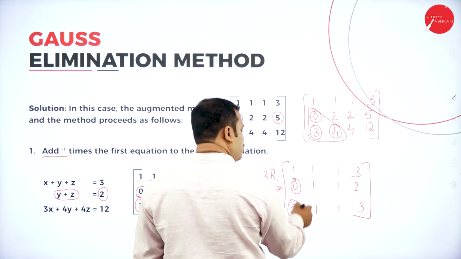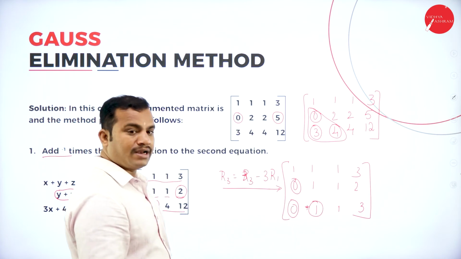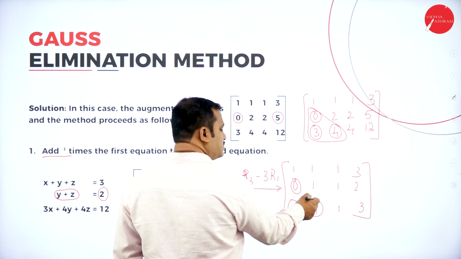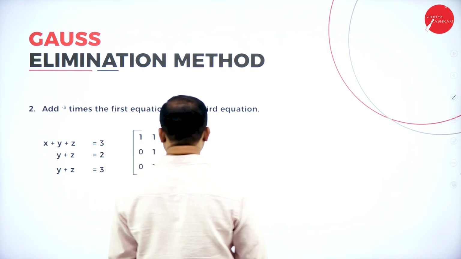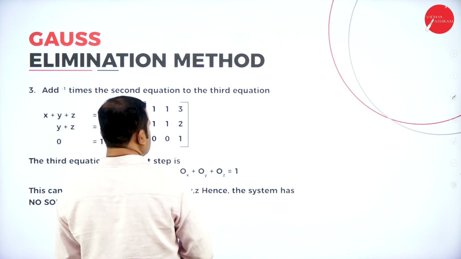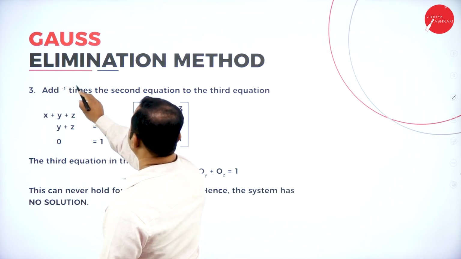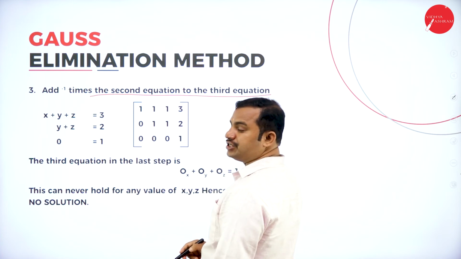Let me have one more term which is not a 0. If that is the case, how can I do the row operations? If I subtract this from this, I'll get 0 term here. So which is the next operation I can perform here? I can do the operation on the last term: add minus 1 times the second equation to the third equation.